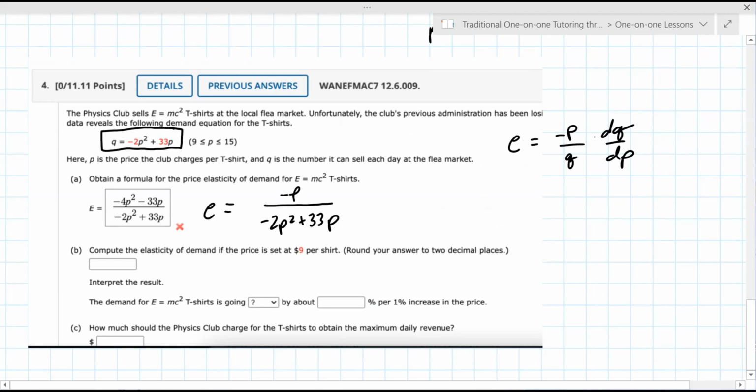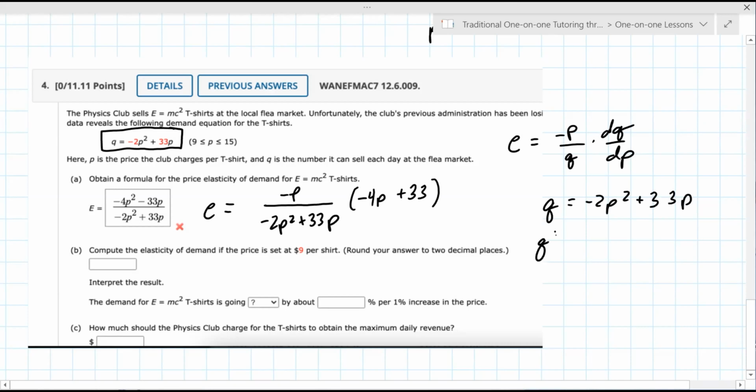Now you have to take a derivative of this thing right here, and the derivative is just power rule. Your Q is minus 2P squared plus 33P.